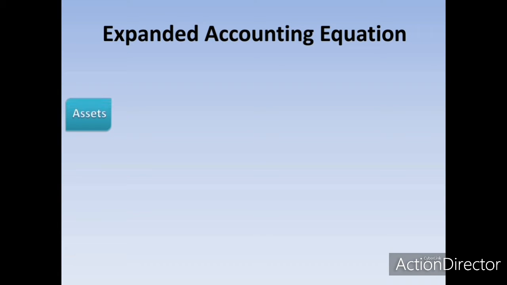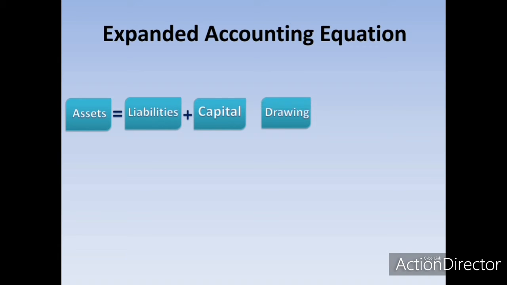As we have the basic accounting equation, assets equal liabilities plus capital, we also have the expanded accounting equation. There are additional accounts in this particular equation. We have minus drawings, which is called the withdrawal.